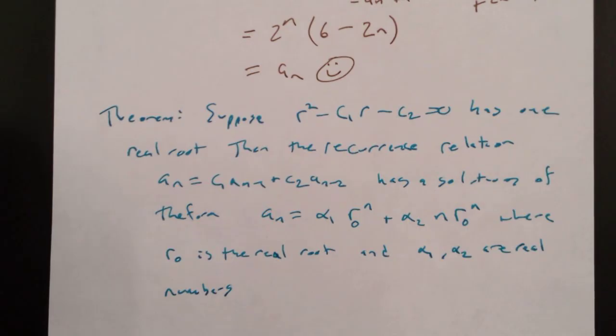So if I have two roots, I get an alpha 1 and an alpha 2, and I get each root. If I only have one root, I only get one shot.